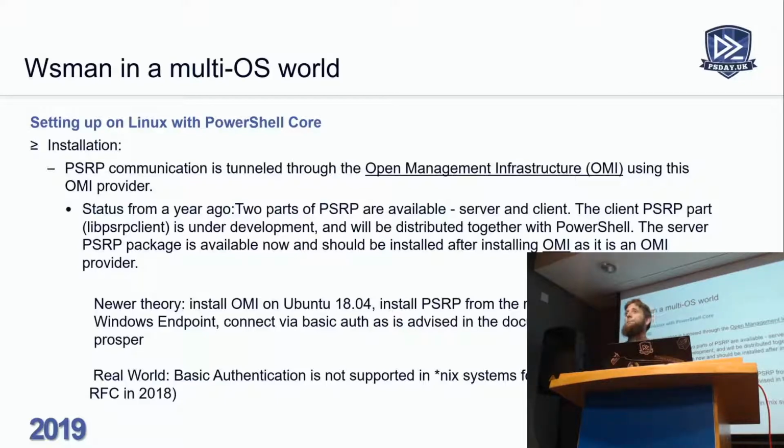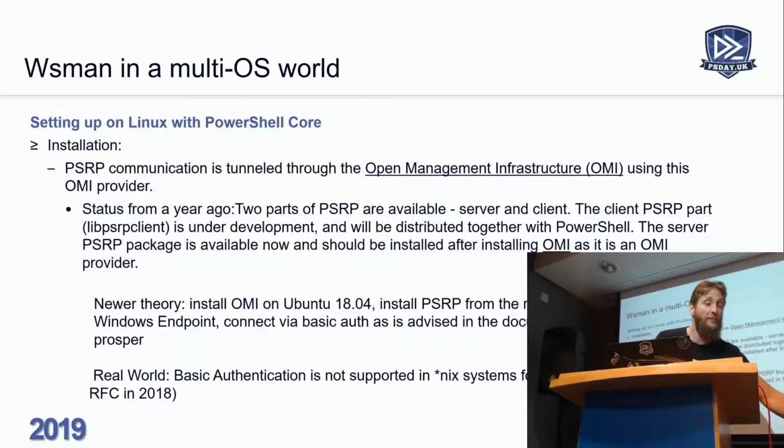Well, no, because basic authentication is not supported anymore in PowerShell Core on Linux. This is due to an RFC, a request for comments, in 2018, which has its good reasons. The good reason being, we don't want to send any passwords over clear text. This is totally fine, but the documentation said just use basic authentication. No.